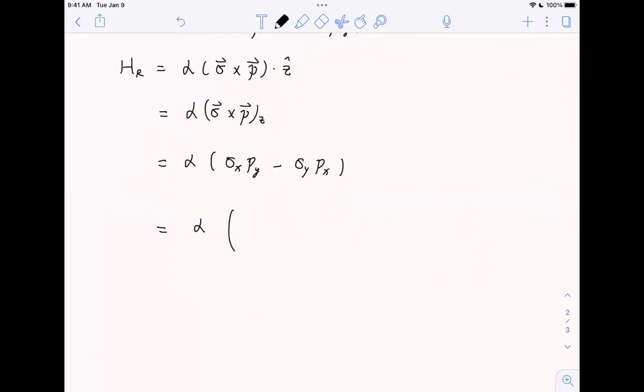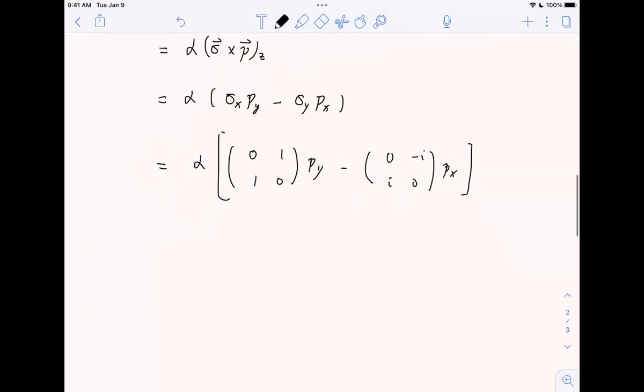Sigma X is 1, 1, right? Py, minus sigma Y is negative i, Px. And Py is just, okay, so you just write it together.